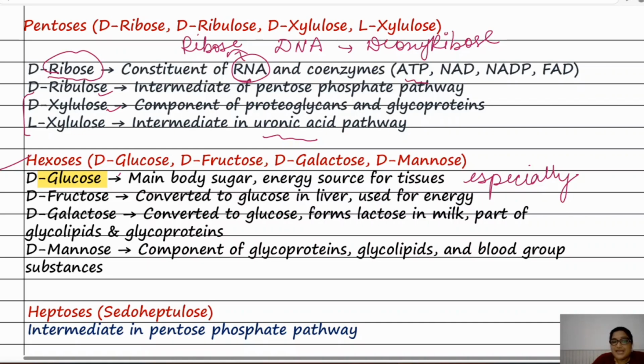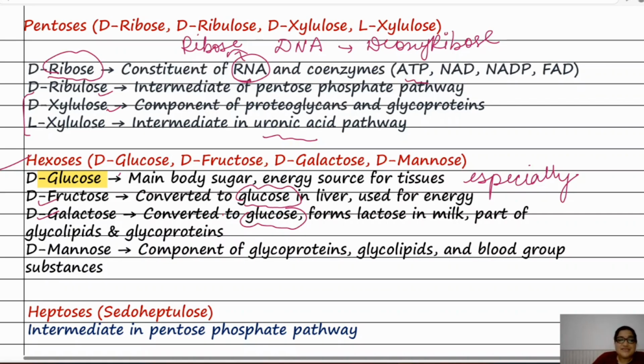If we take other monosaccharides or hexoses in the diet, such as fructose and galactose, they are converted to glucose. So glucose is the primary energy source for the human body.